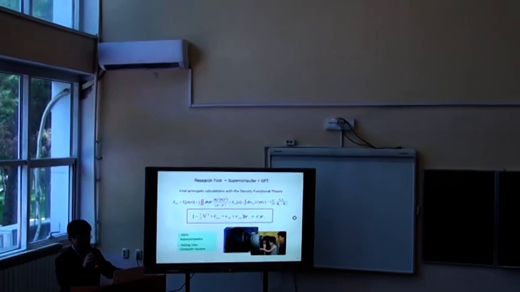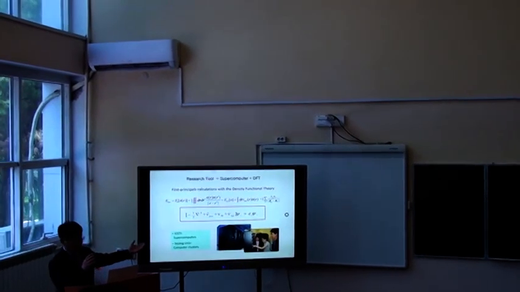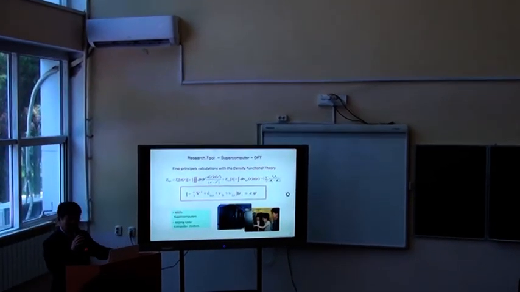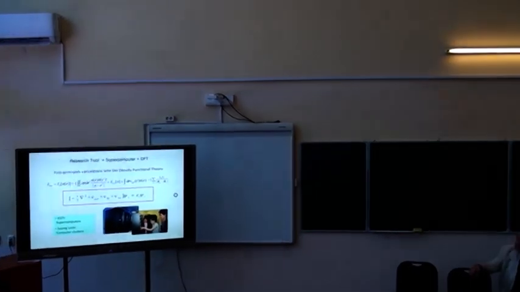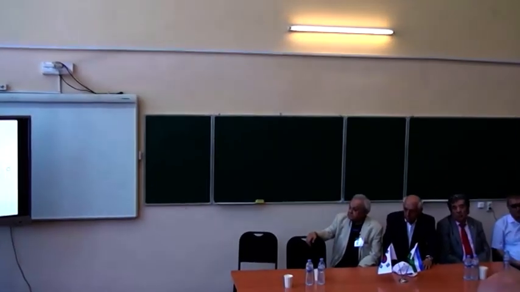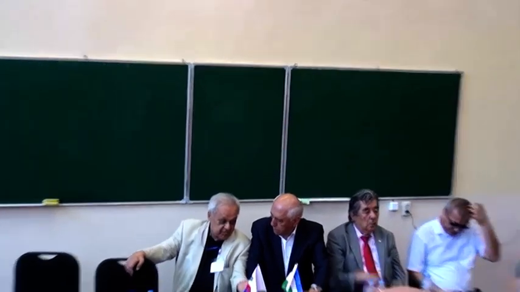We can minimize the Hamiltonian to get the Kohn-Sham equation, which is like the Schrödinger equation. And this is the summary of my calculation method. Usually the calculation method is the ab initio or first-principles method.